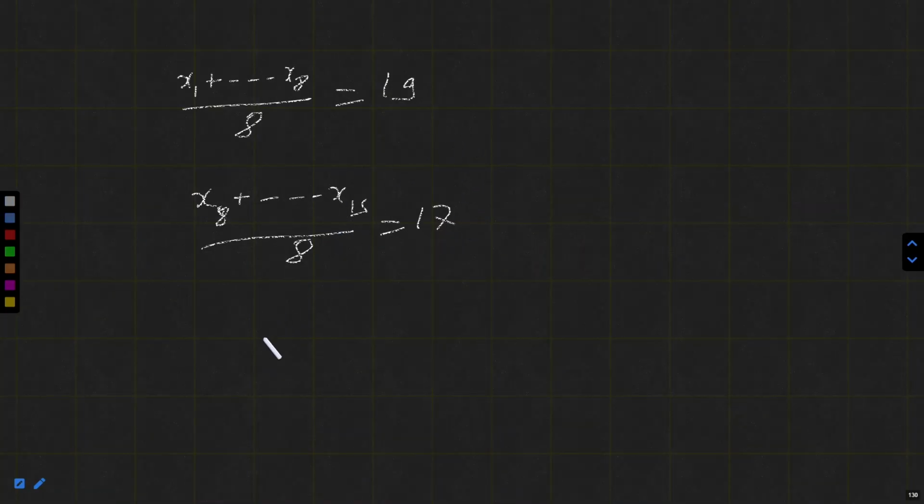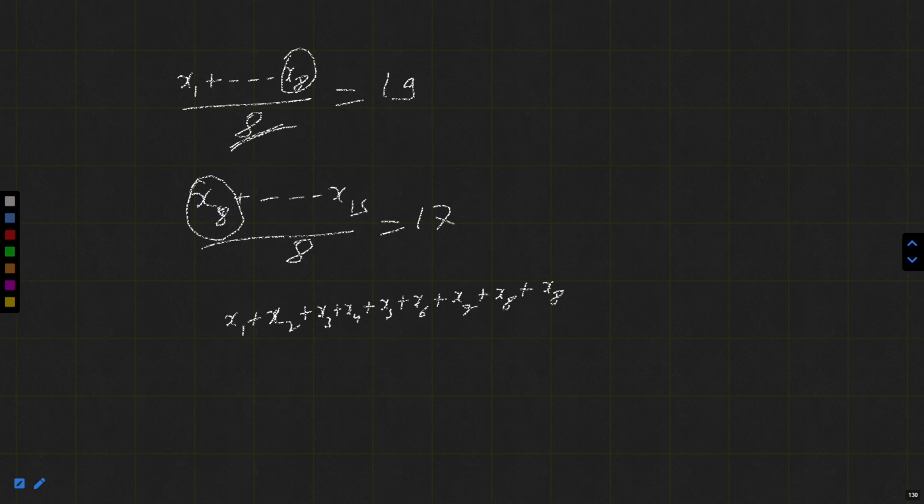By adding both of them, I will get x1 plus x2 plus x3 plus x4 plus x5 plus x6 plus x7 plus x8 plus x8, because one x8 is here and one x8 is here. The denominator for both of the fractions is the same, so we just add the numerators.